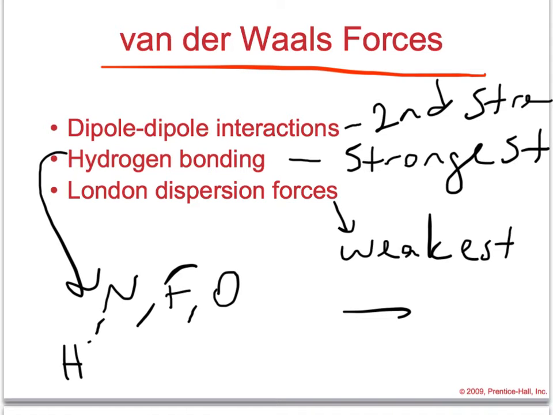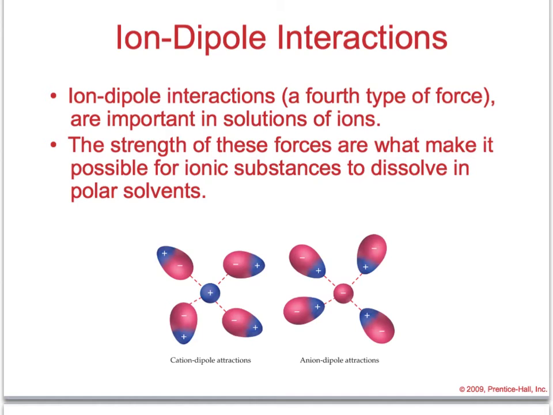Nitrogen, fluorine, and oxygen: these elements make hydrogen bonding. We will talk about hydrogen bonding more when we come to that slide.